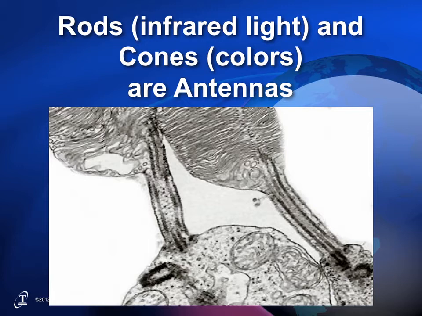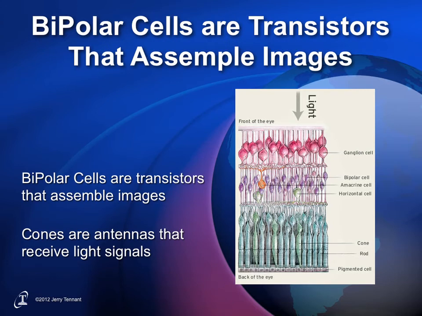Both of these serve as antennas picking up the different frequencies. The bipolar cells are transistors that assemble the images that are created by the cones in the macula or the rods in the rest of the retina. The bipolar cells then can transmit the information down the line.